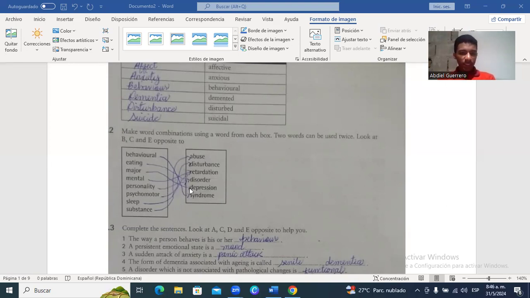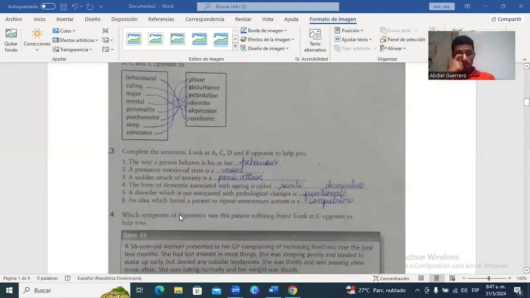Personality disorder. Psychomotor retardation. Sleep disorder. Substance abuse.